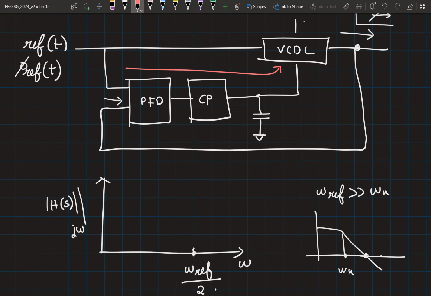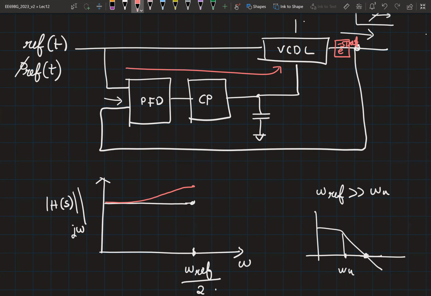And the other part is we said that the delay present here, e power minus s into T ref, is much smaller compared to the settling time of the loop, and we ignored it. If we ignore it, then we get a transfer function like this till omega ref by 2. If we don't ignore it, then you'll see that there is a peaking in the performance.